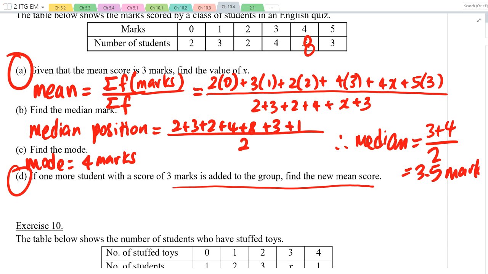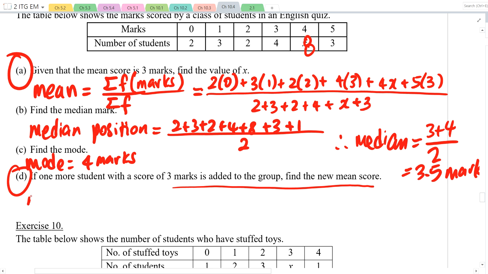So the total plus 3, right? Then you divide it by the number of students plus 1. Of course, your answer will still be 3, because the addition of an average student doesn't make a difference. You can convince yourself by working it out. But in this very special case over here, there's no difference. Okay? Find the new mean score.